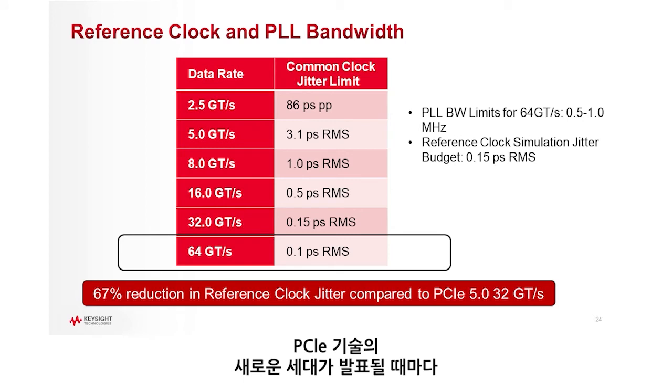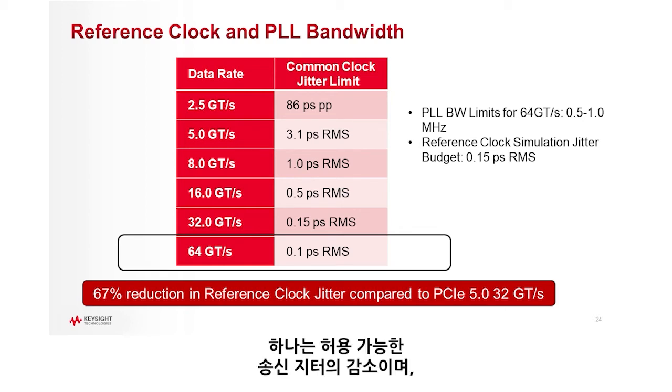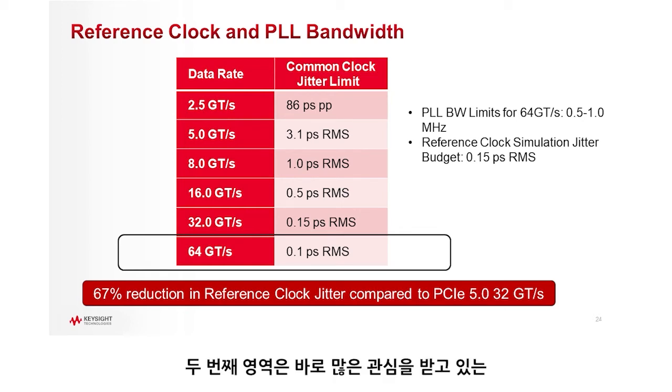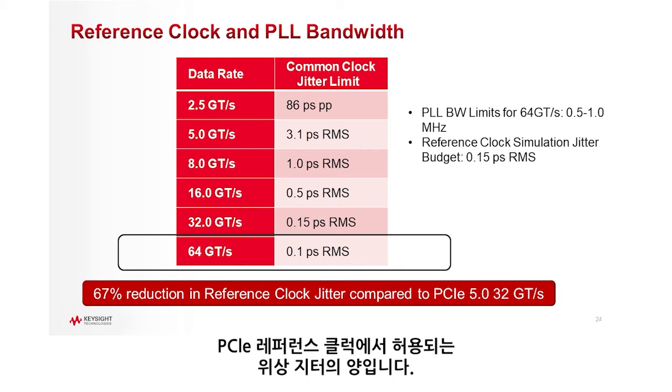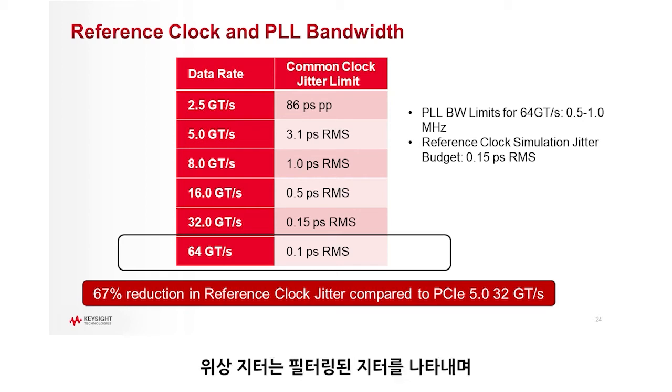With every successive generation of PCI Express technology, we see a significant reduction in two areas. One is the reduction in allowable transmit jitter, and the second area where we see a lot of attention being paid is to the amount of phase jitter that's allowable on the PCI Express reference clock.